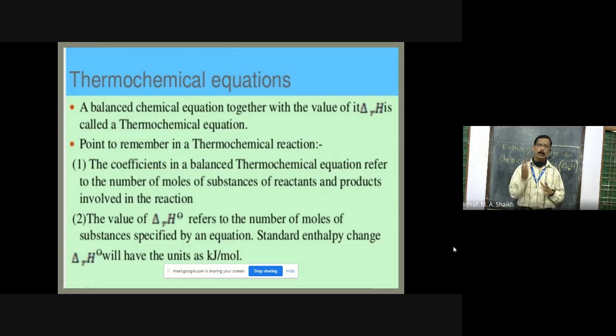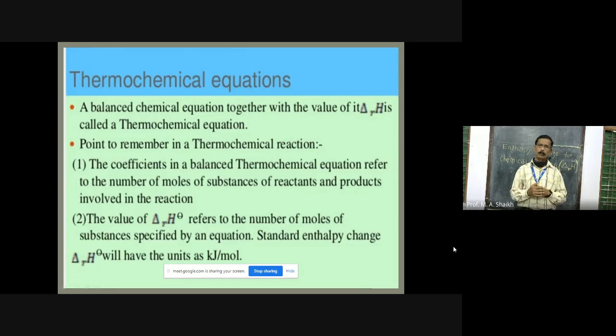The question is, what is a thermochemical equation? Your answer should be: a thermochemical equation is the balanced equation of a chemical reaction in which substances are present in their standard state, and the equation also shows the enthalpy change.